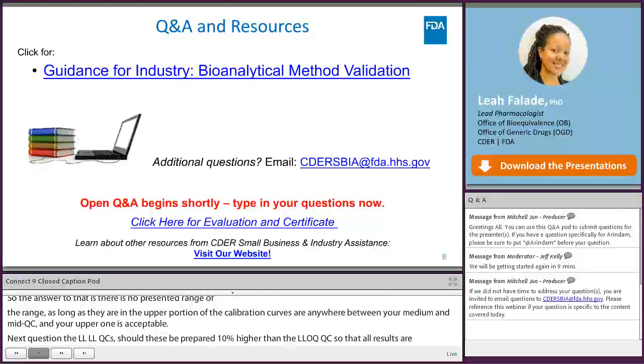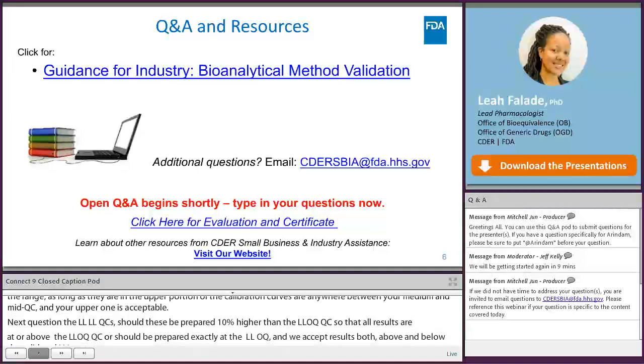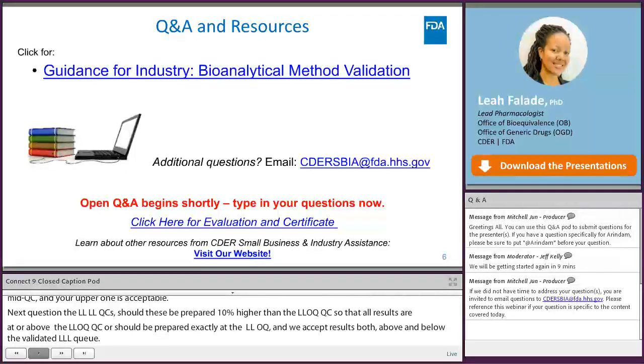So I can see the reason for this question. Because the LLOQ is actually a calibrator, how can it also be a QC? It should still be measured at the LLOQ and not at a 10% higher amount than the LLOQ. So the answer to that is the LLOQ should be prepared exactly at the LLOQ.